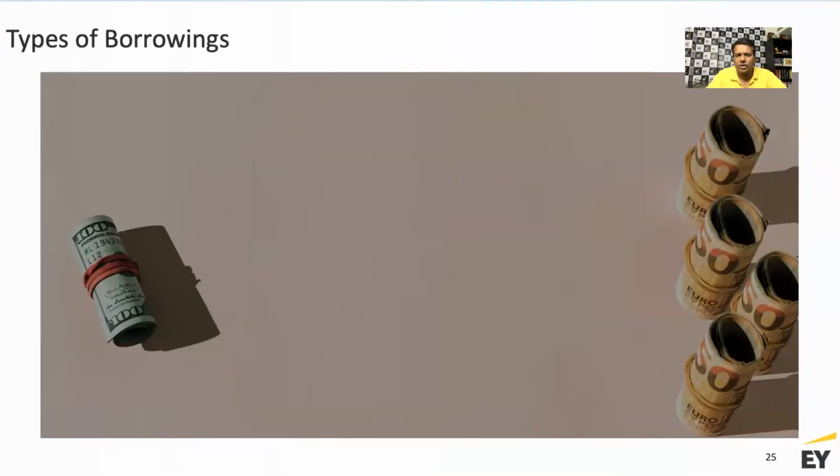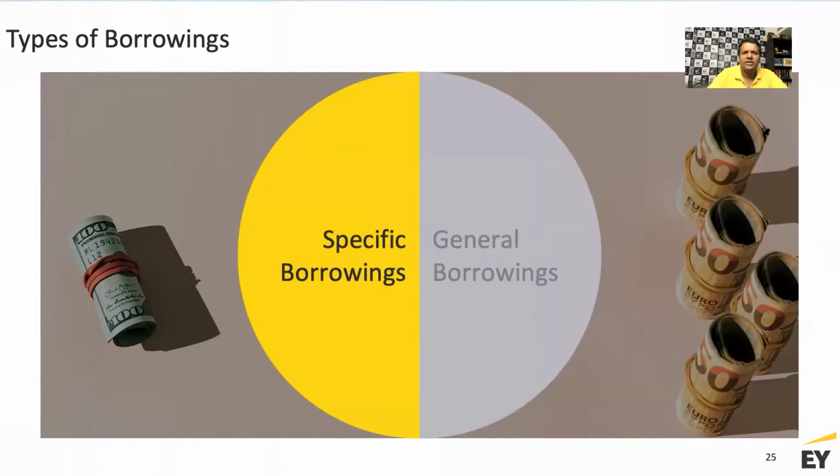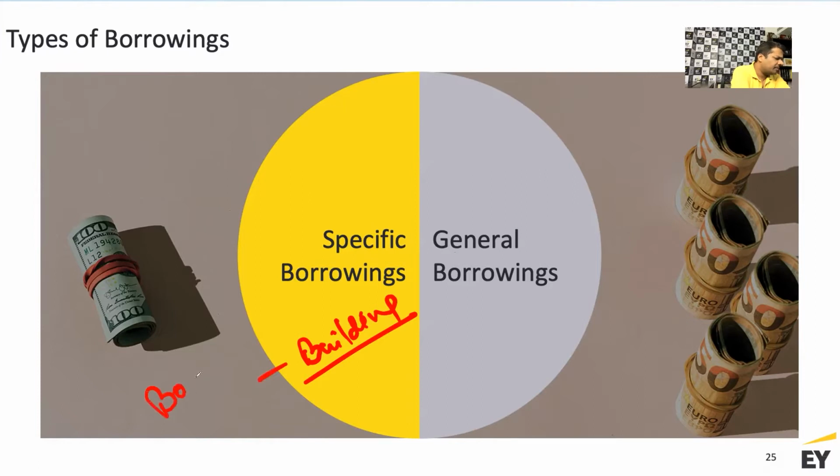The two types of borrowing, essentially for the purpose of this standard, are called specific borrowing and general borrowing. Now what is the meaning of specific borrowing? A very simple example: let's say you decided to construct a building, and to construct it, you decided to borrow money.